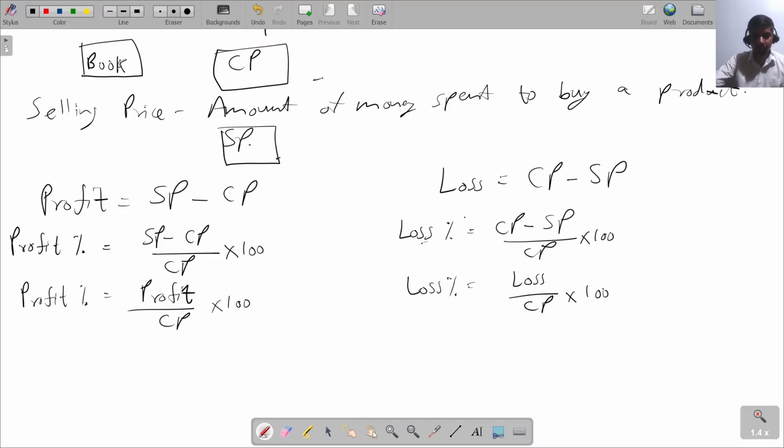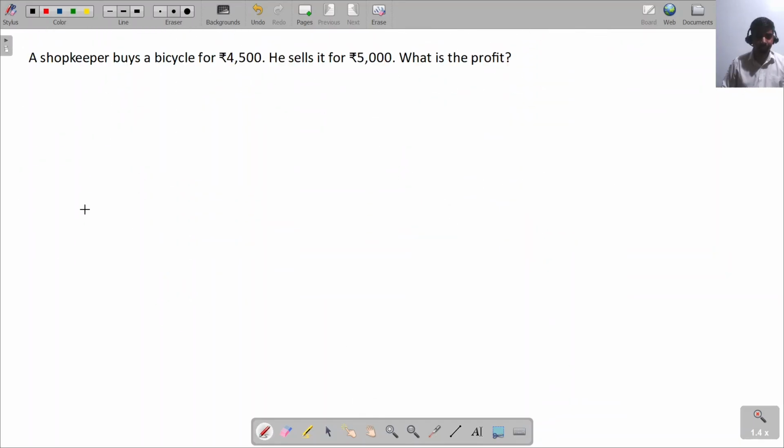I'll be doing a few sums. Let's go through them. First sum. A shopkeeper buys a bicycle for rupees 4,500. He sells it for rupees 5,000. What is the profit? Now look at the numbers. He buys, so how much money he has spent to buy it is rupees 4,500, and sells.